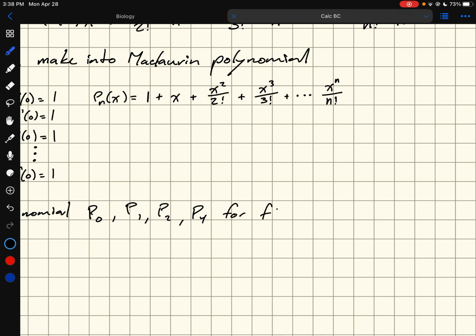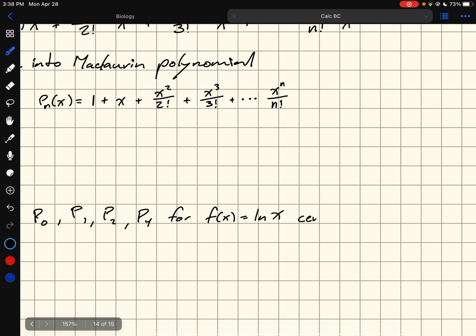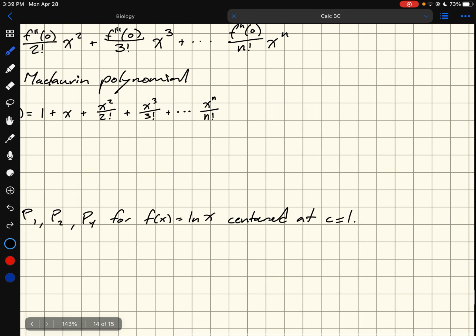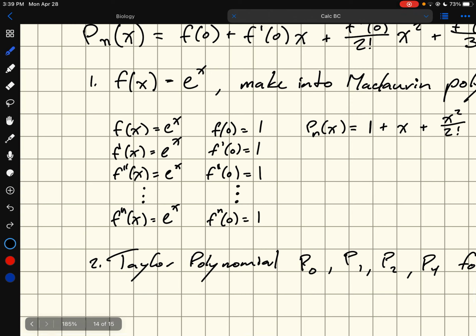And our function is natural log of x. And we're centered at c equaling 1. So remember, this c number is the number that we plug into each of our derivatives in this x spot.